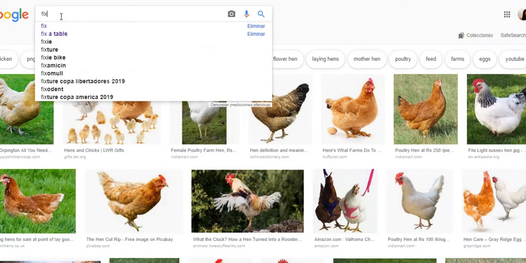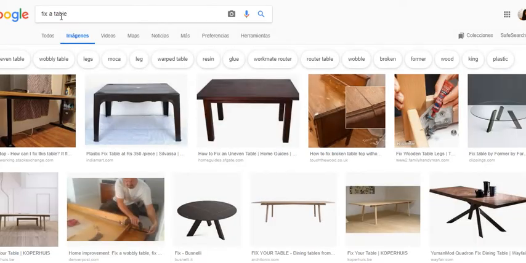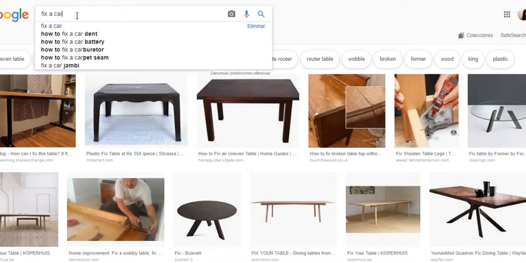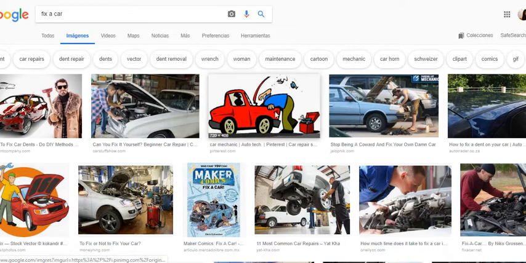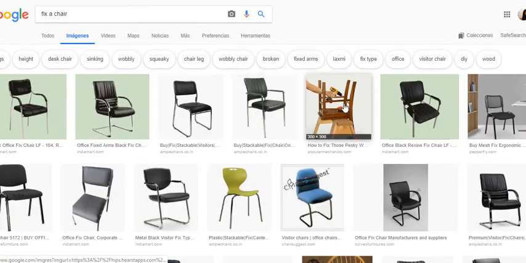Google, fix a table. Fix is basically to repair a table. For example, fix a car, to repair a car. Or fix a chair, to repair a chair.